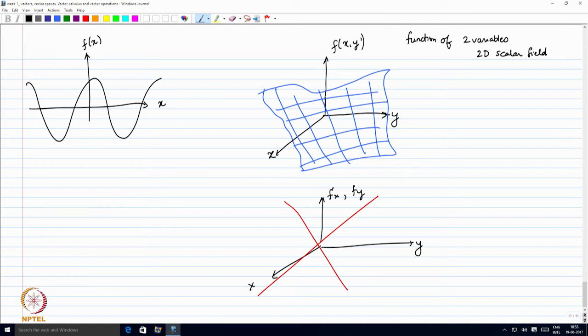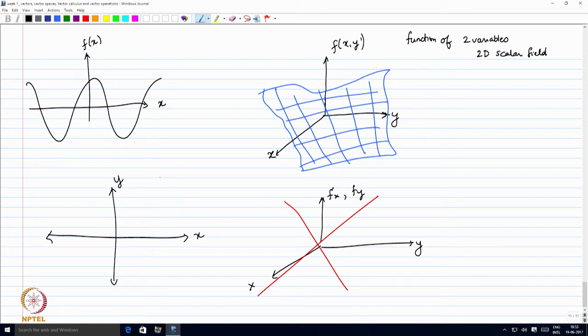So suppose you had x and y axis, x and y. Now, a vector field means for any given value of x and y, there is a vector. Okay. So, now a vector has both a magnitude and a direction, it has both an x and y component.